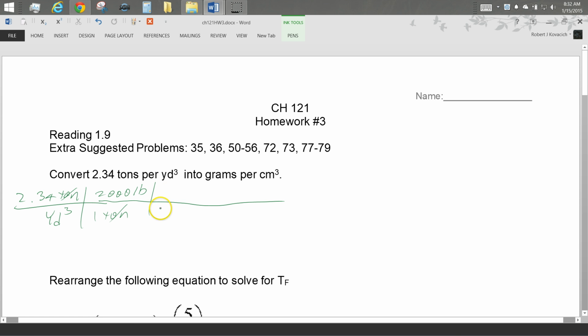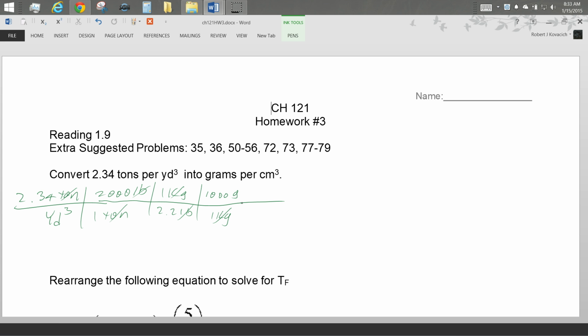And then it's 2.2 pounds for 1 kilogram. And then the pounds cancels out. And then 1 kilogram is 1,000 grams, and the kilograms cancel out. And so I've got half of my problem done. I've got the grams unit in the numerator where I want it.